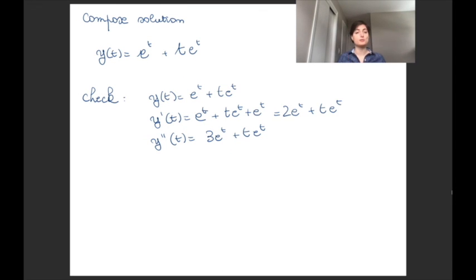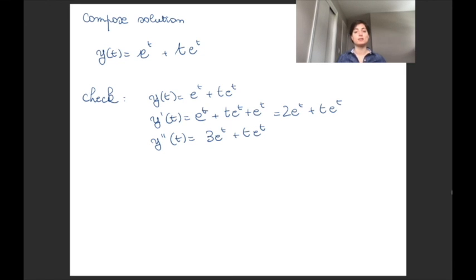So to compose a solution, we have that y, the solution of our ODE with initial conditions, is exponential of time plus time exponential of time. We can check this by computing the first and second derivative. The first derivative of exponential of time is exponential of time. And the first derivative of t exponential of time is t exponential of time plus exponential of time.